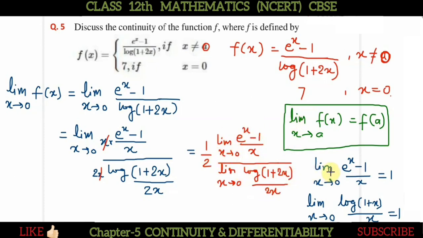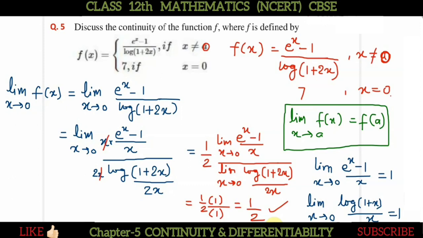On the formula, limit x tending to 0 of e to the power x minus 1 upon x equals 1, so we can write 1 here. In the denominator, log of 1 plus x upon x is 1, so here log of 1 plus 2x upon 2x is similarly 1. So finally the limit is 1 by 2.